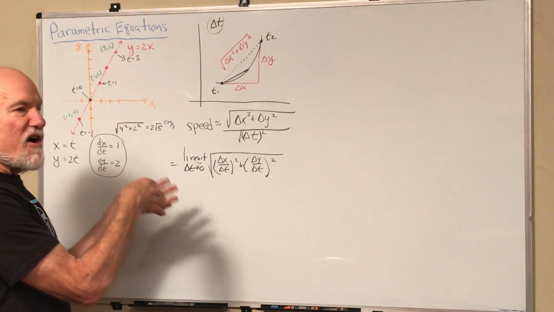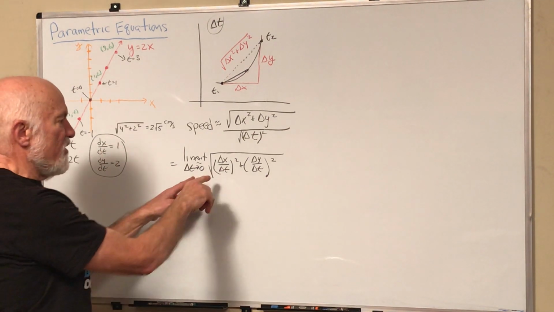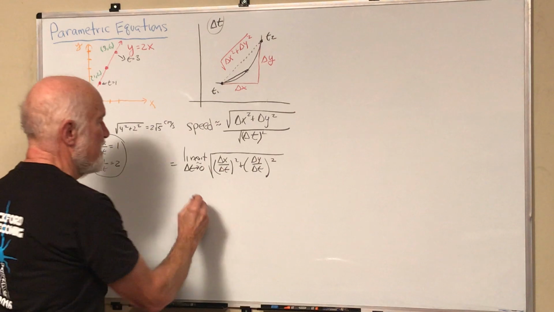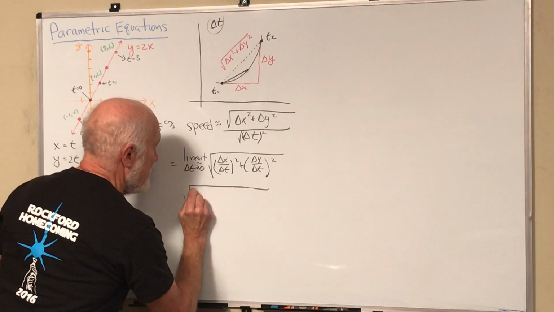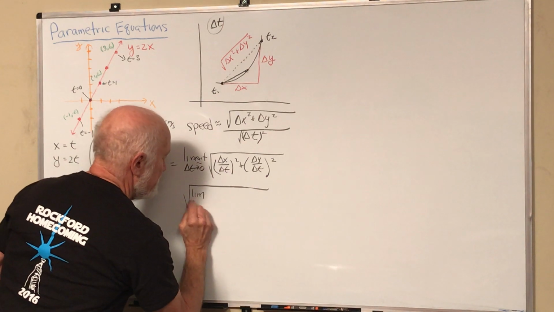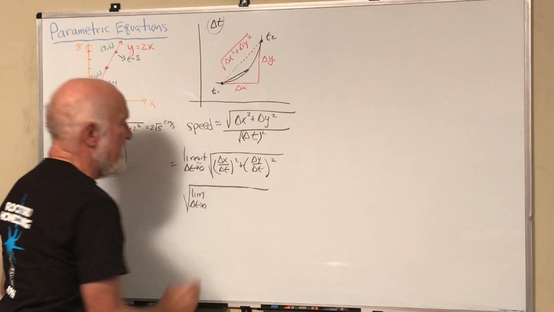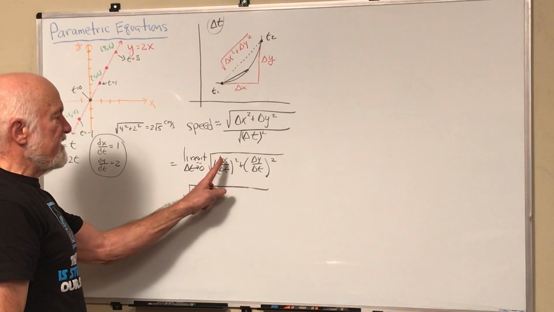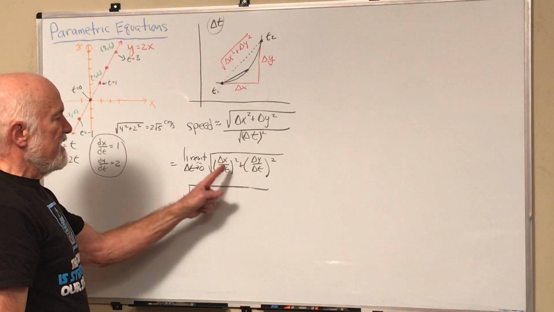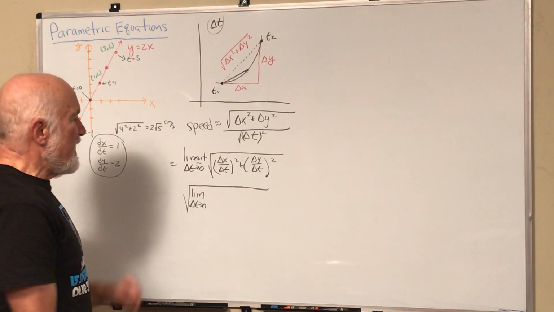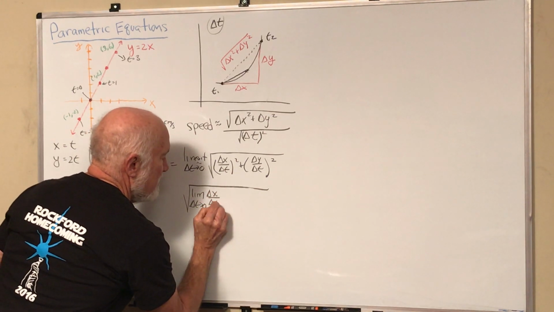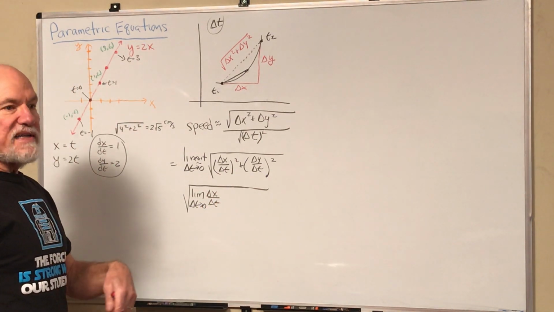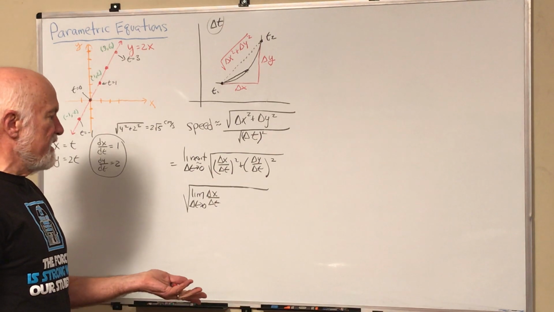Well, limits are always our friends. So if you have the limit of a function, you can make that the function of the limit. And we have the limit of (delta x over delta t) squared, but we can do that as the limit of the first one times the limit of the second one.